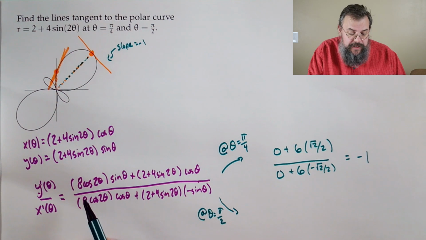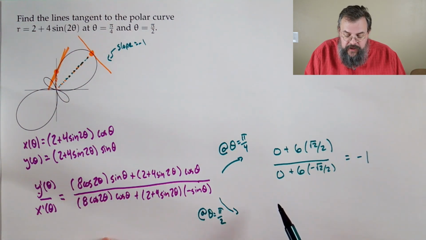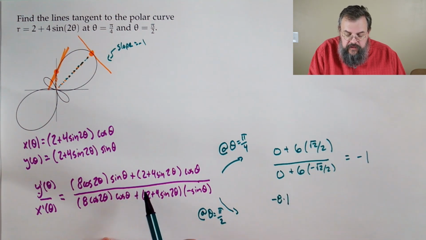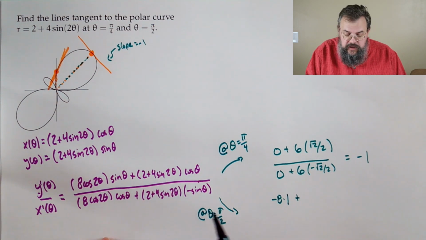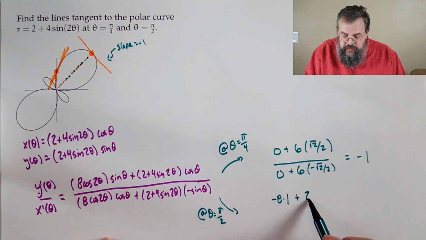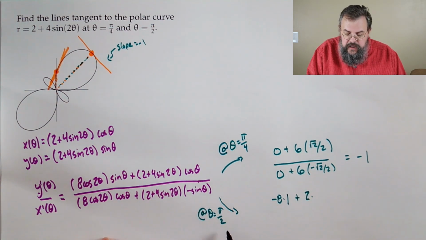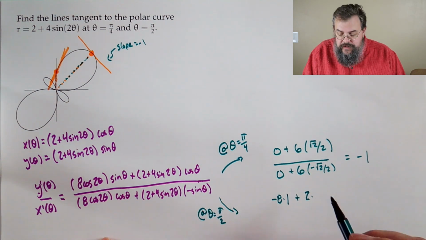But that is negative 1. So we get 8 times negative 1, which is negative 8. Sine of pi over 2 is 1. Plus, then we're going to have 2 plus 0, because sine of pi is 0. So that's 2. And cosine pi over 2 is 0.